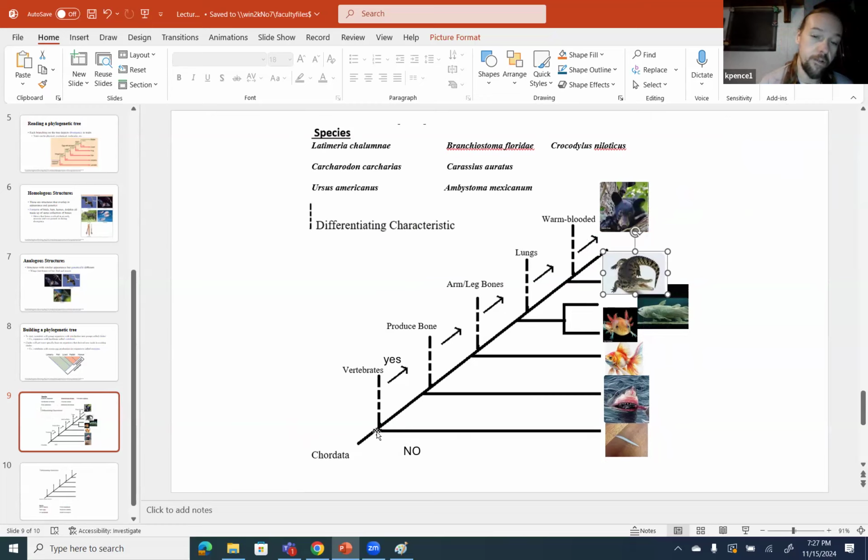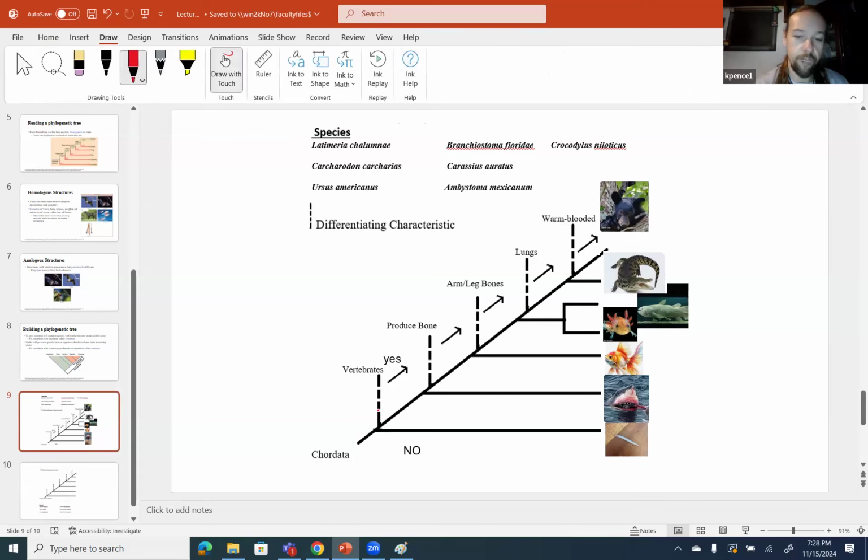When I come up to this node, vertebrate, everything from there up has a backbone. Everything from there up produces bone. Everything from there up has arms and legs. Everything from there up has lungs, and then everything from there up is warm-blooded. So you can do this pretty much any way you want to, as long as the characteristics match for every organism.